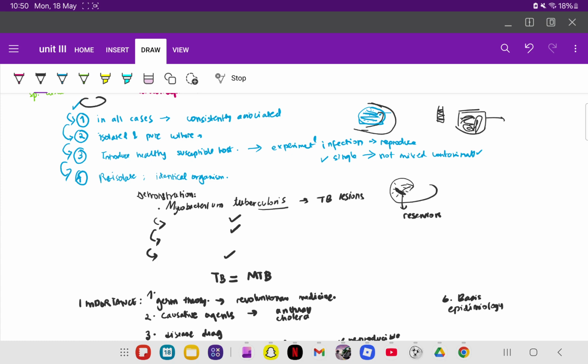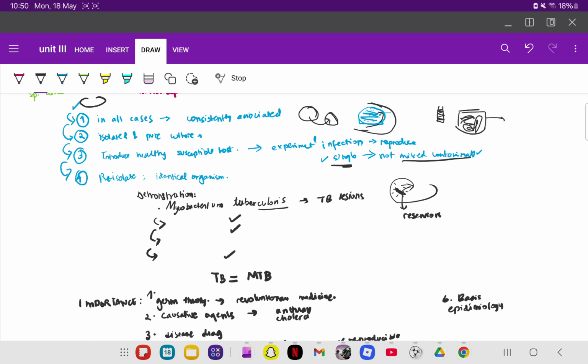You took it from your diseased person, you take that microbe, you grow it in a pure culture. This would ensure that the disease is caused just by that single microbe and not by a mixed population of contaminants, right? So upon introducing it into the susceptible host, you should see a reproduction of that particular disease.